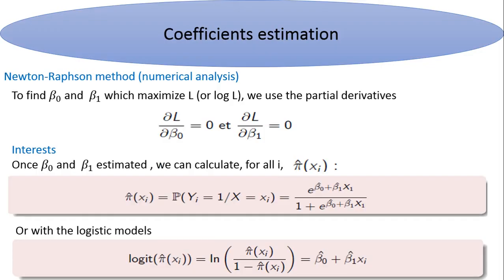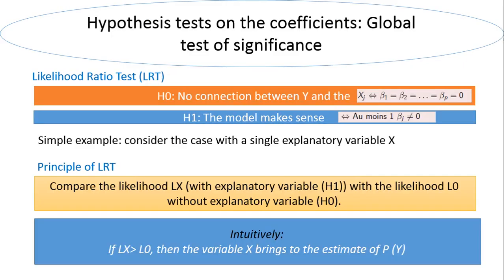So once we have computed our coefficients in our logistic model, one of the main challenges is hypothesis tests on our coefficients. First of all, the global test of significance of our model, and to test this we will use the likelihood ratio test, in which we have the null hypothesis: no connection between y and the xi.